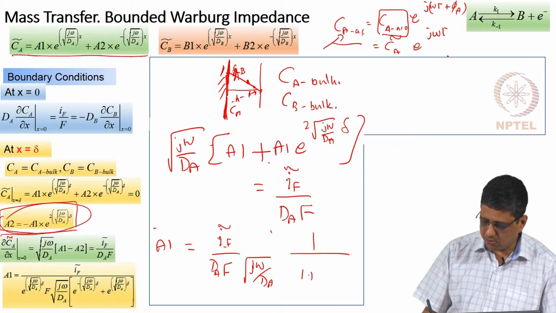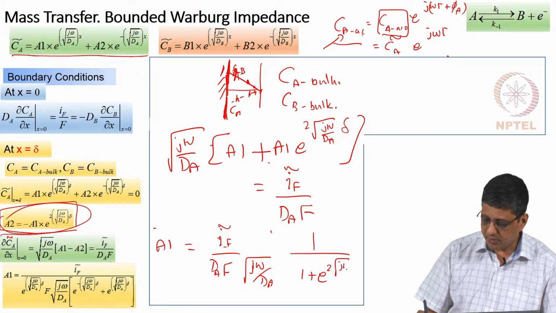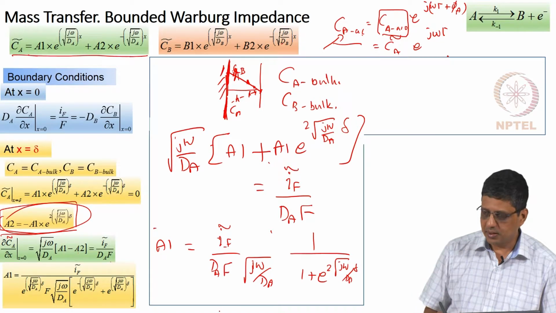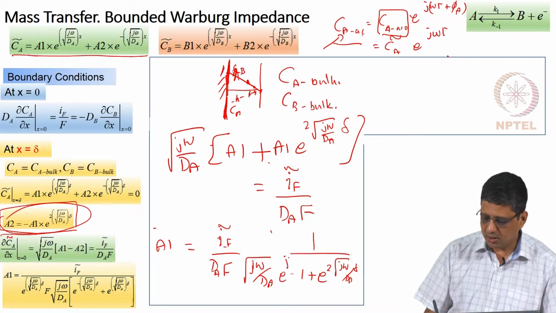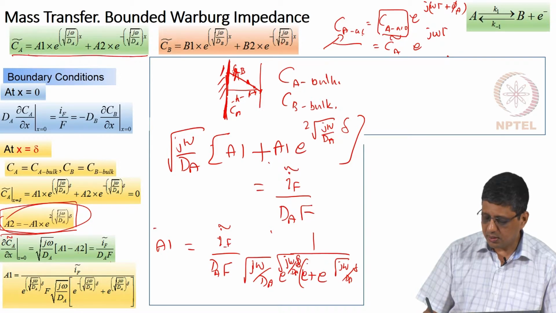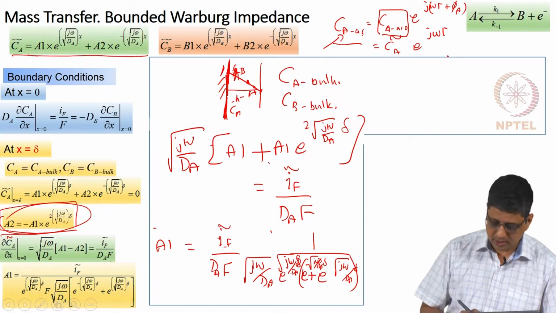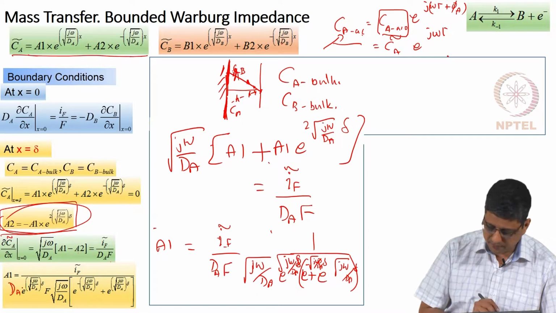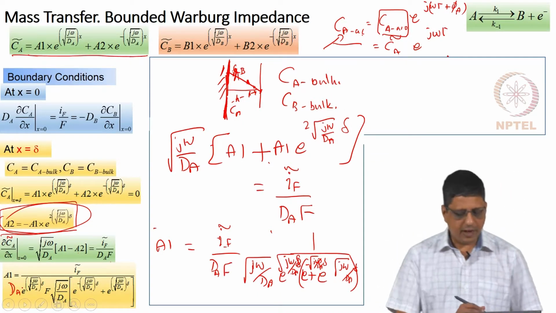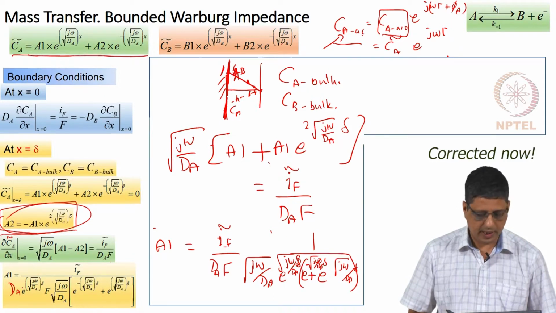Instead of writing it as 1 plus e power, that is one way of writing it. Another way is to pull out, I can multiply and divide by delta, and then I will get, yes, I have missed the F factor is there, I have missed the dA, yeah, correct.